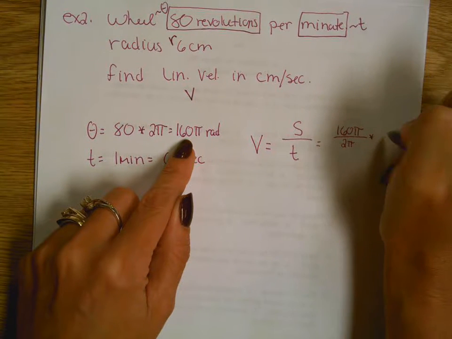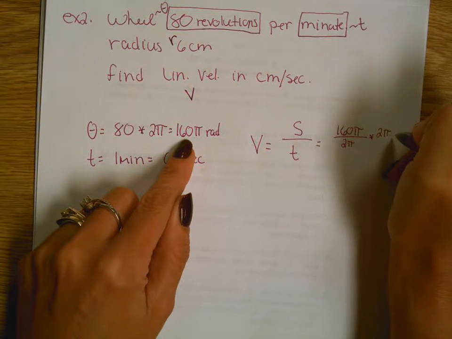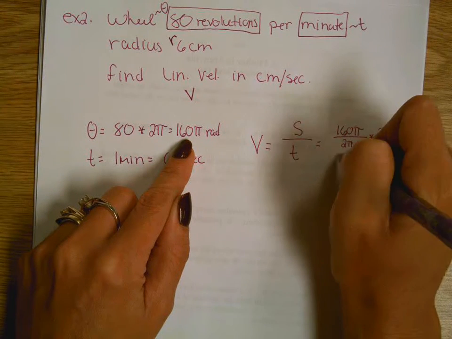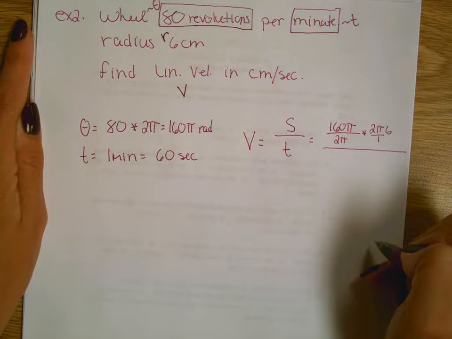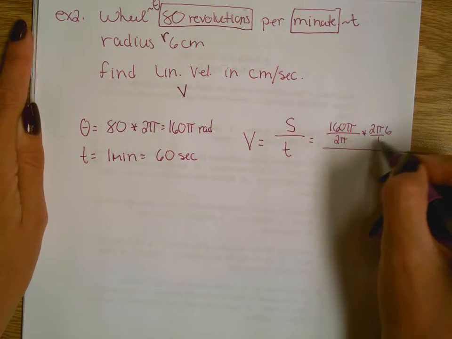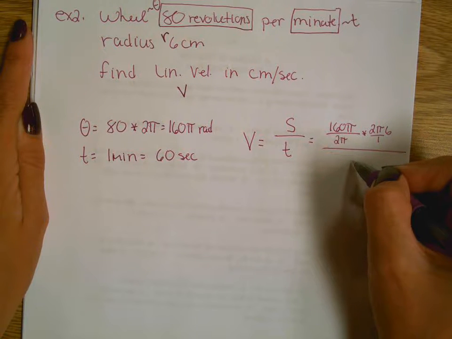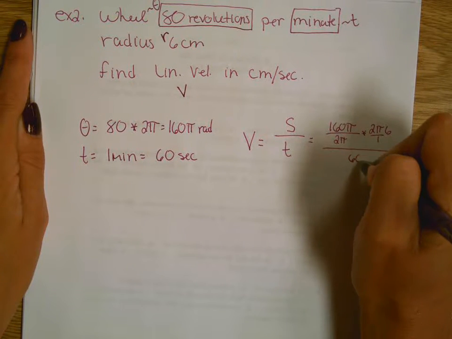Then we multiply by circumference, 2 pi r. R was 6. And we've got to divide all this by our time. So this is fraction times circumference divided by time, 60 seconds.